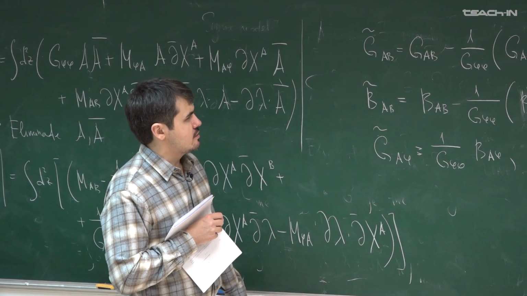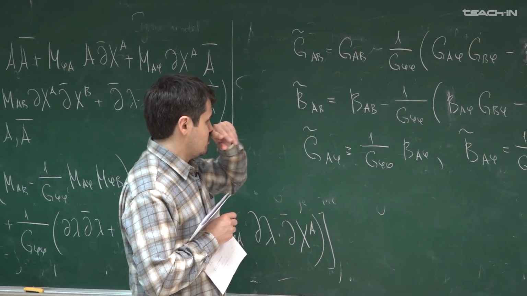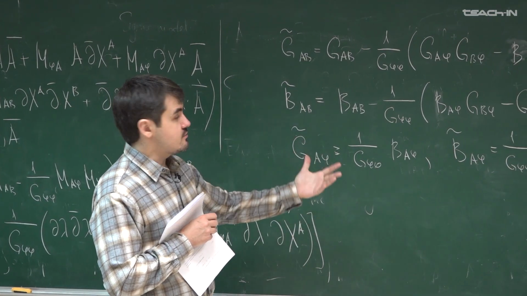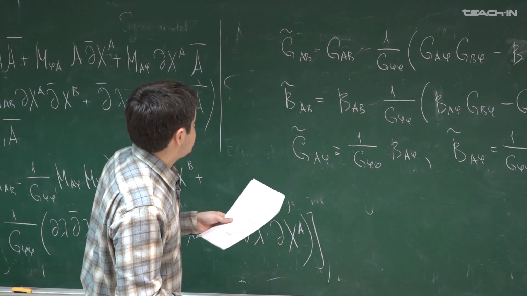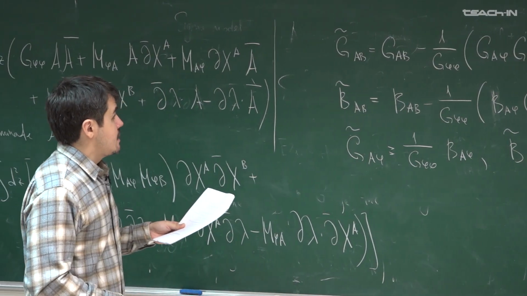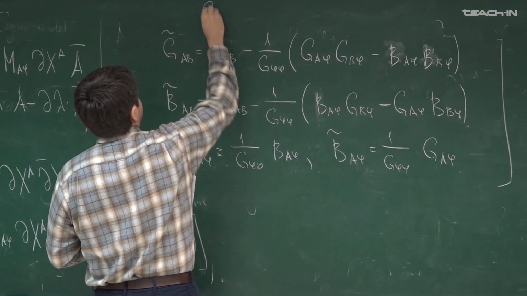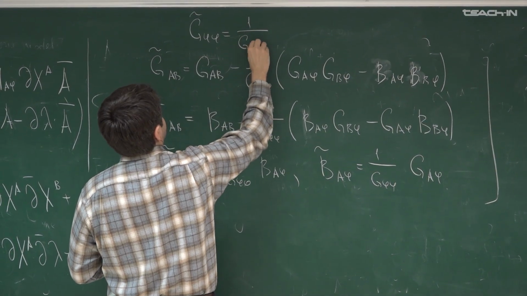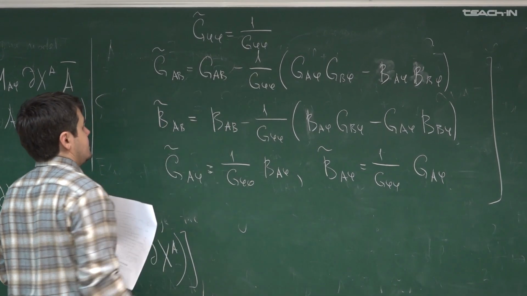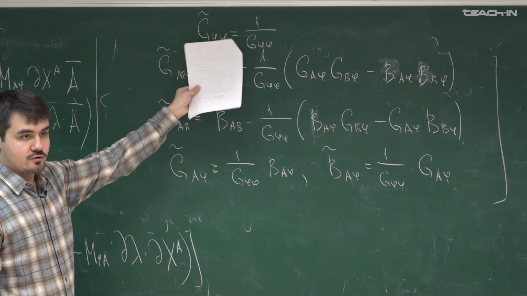So of course, if you set B to 0 and assume that G is just a diagonal metric, then you see that G tilde phi phi is 1 over G phi phi. You see that this is the analog of inverting the radius.